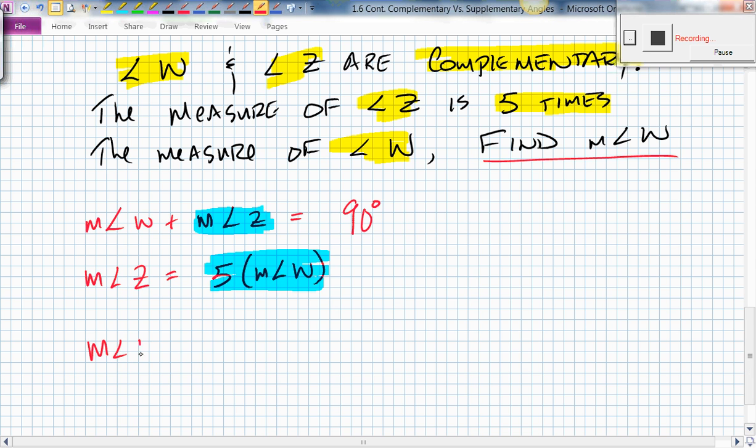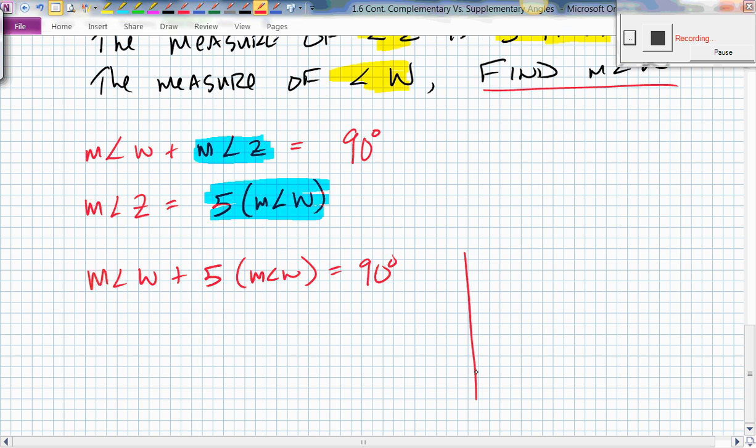The measure of angle W plus 5 times the measure of angle W is equal to 90 degrees. So if you think of this as a simple equation, if I had x plus 5x equals 90 degrees, well, notice that this part and this part is the same thing as x and x. So I could add them together to get 6x equals 90 degrees.